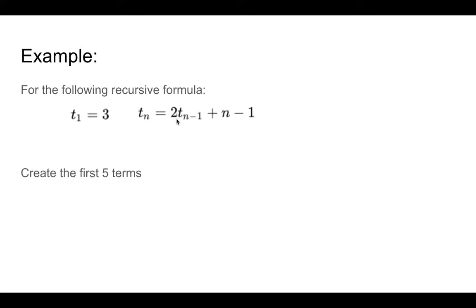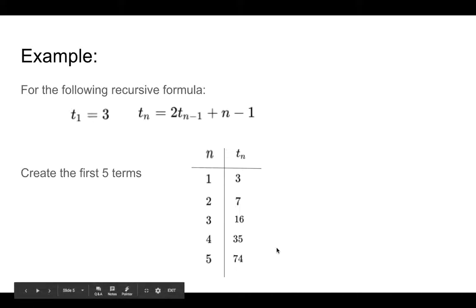So if we want to get the second term, we take 2 times the term before it: 2 times 3, plus the term number, so plus 2 minus 1. One piece of advice is to set up a little table of values for yourself. We know term 1 is 3, term 2 is 7, so 2 times the term before, plus 2 minus 1. The third term is 2 times the term before, which is 14, plus 3 minus 1, which is 16. Then term 4 would be 35, and term 5 would be 74.